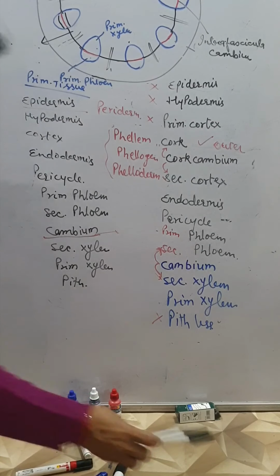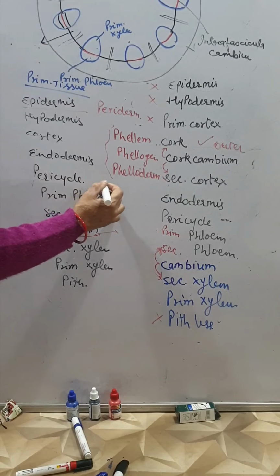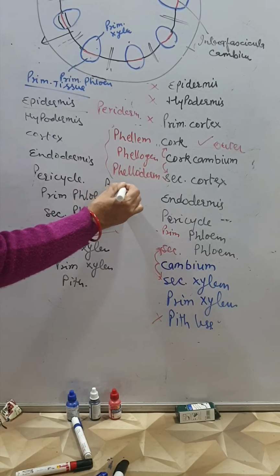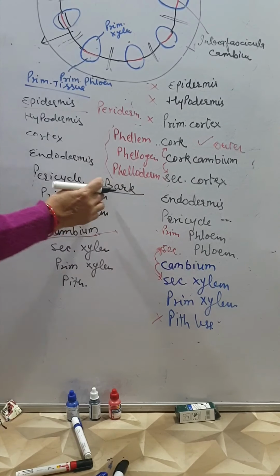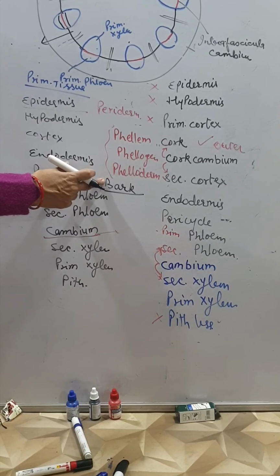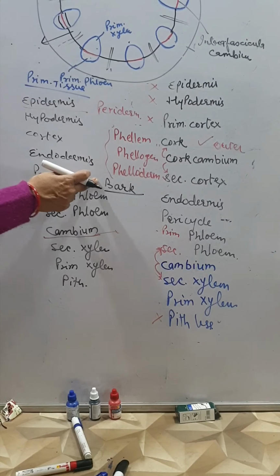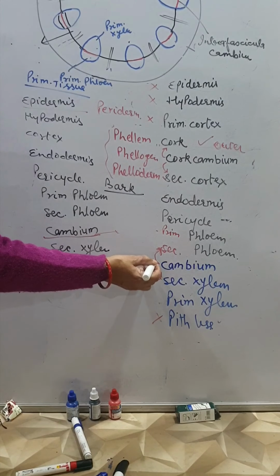Now we will see the bark. The bark is a non-technical term. It is not a tissue, not a cell. It is a non-technical term given to all layers outside the vascular cambium.